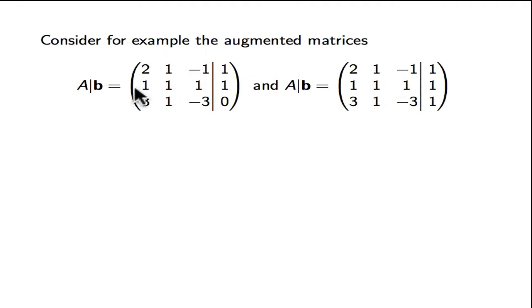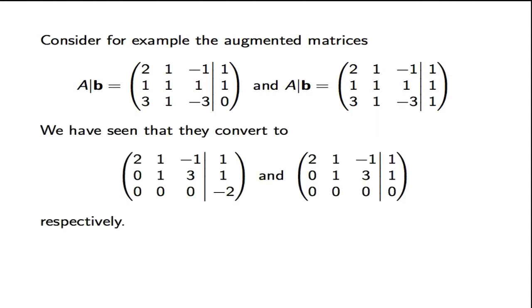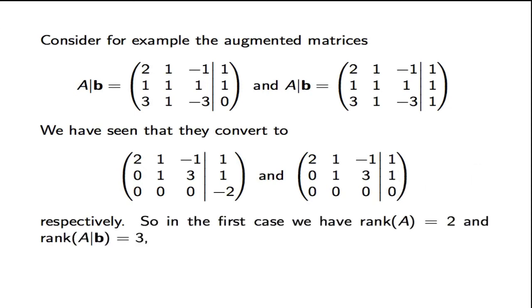Okay, so now let's go back to our previous 2 examples. The first example had this augmented matrix, the second example had this augmented matrix. And they were converted to these 2 row echelon forms. In the first one, the rank of A is equal to 2 because it has 2 non-zero rows.